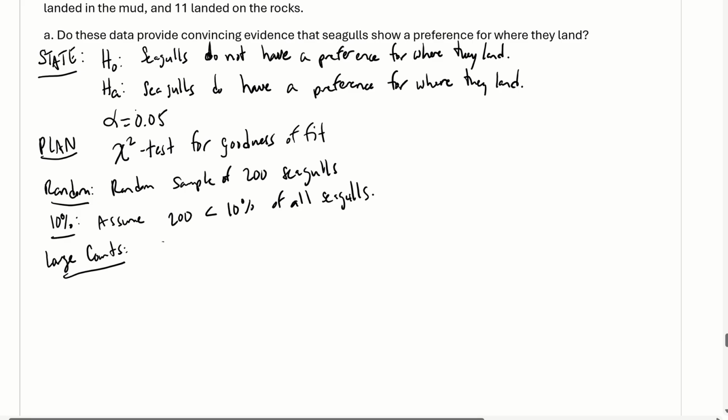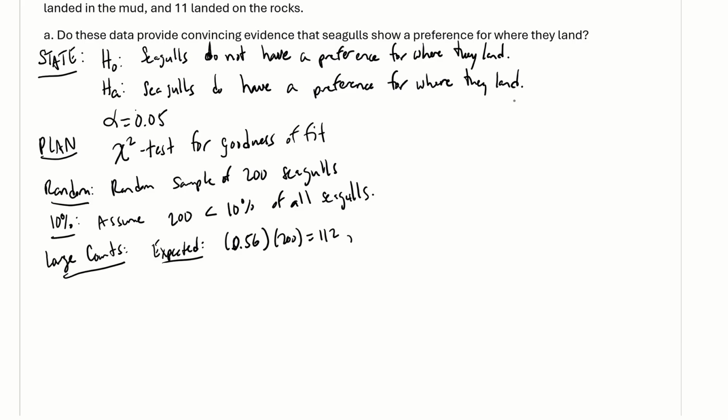So for the expected counts, let's do the expected. We have 56%, 0.56 of 200 is 112 seagulls. So this is greater than or equal to 5, right? That's good. Now let's do the other one.